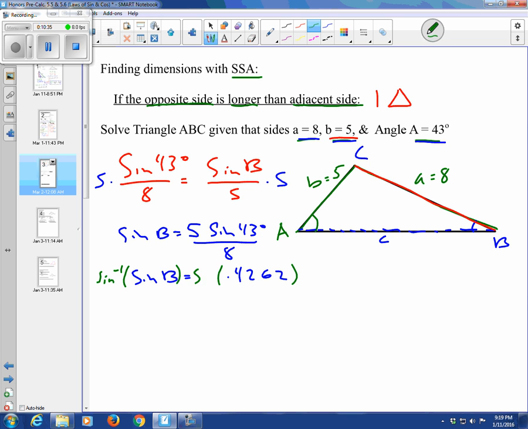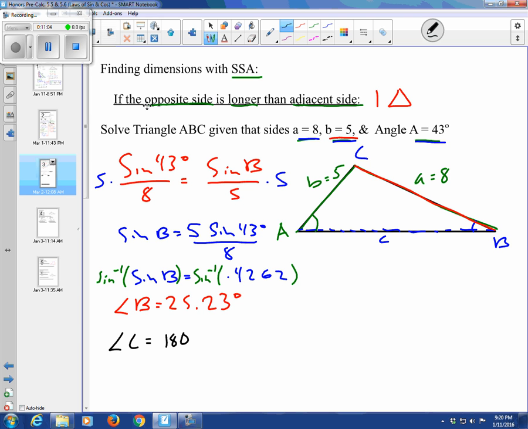And on this side, the inverse sine will give us the angle that gives us the ratio of 0.4262. So right here, that gives us angle B as being 25.23 degrees. Now that we've got two angles, we can solve for the third angle because we know the sum of the angles of a triangle, 180 degrees.